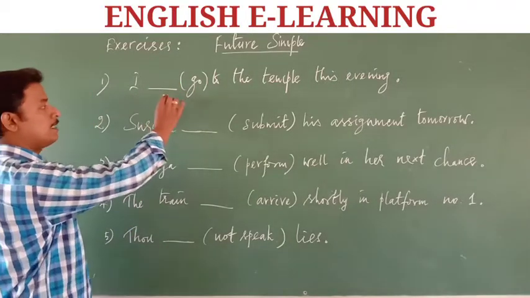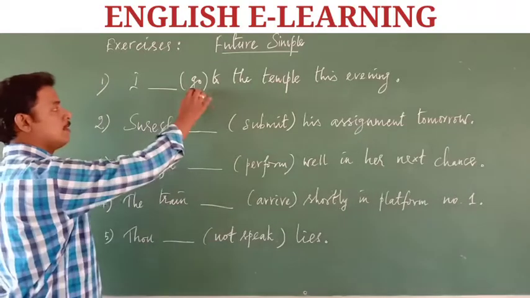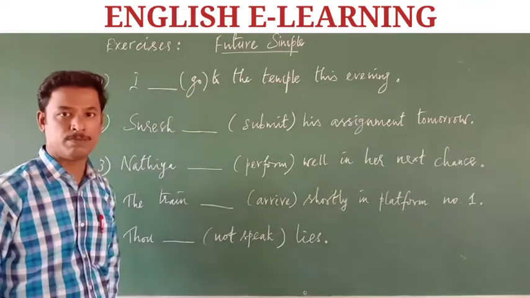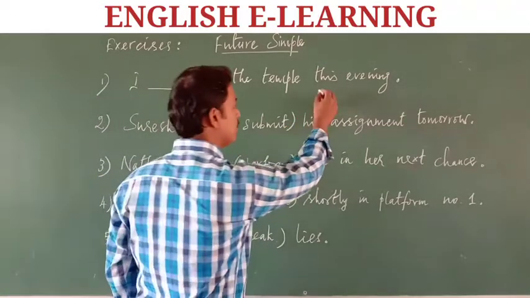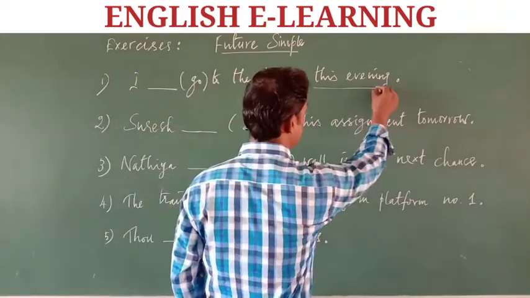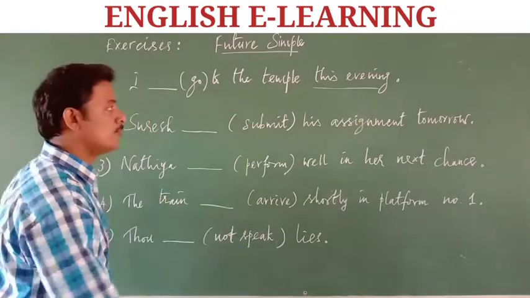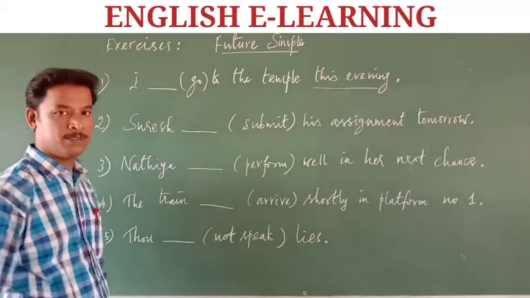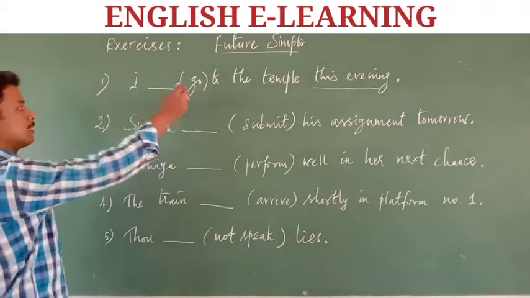First one, I dash to the temple this evening. The base form is go. The keyword for this sentence is this evening. If you find the term this evening, we may use future simple for this sentence.